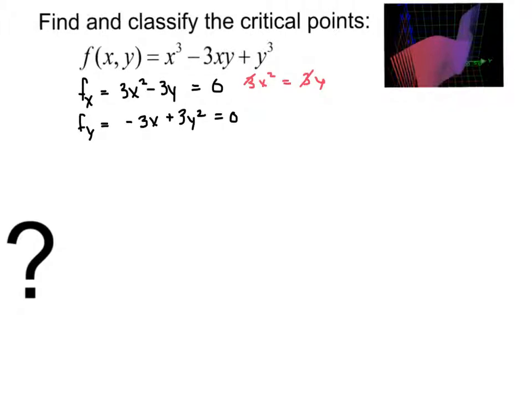So when we see the y, we can replace it with x squared, so this would be x to the 4th, like that. So factoring a -3x out, I'd have 1 minus x cubed.